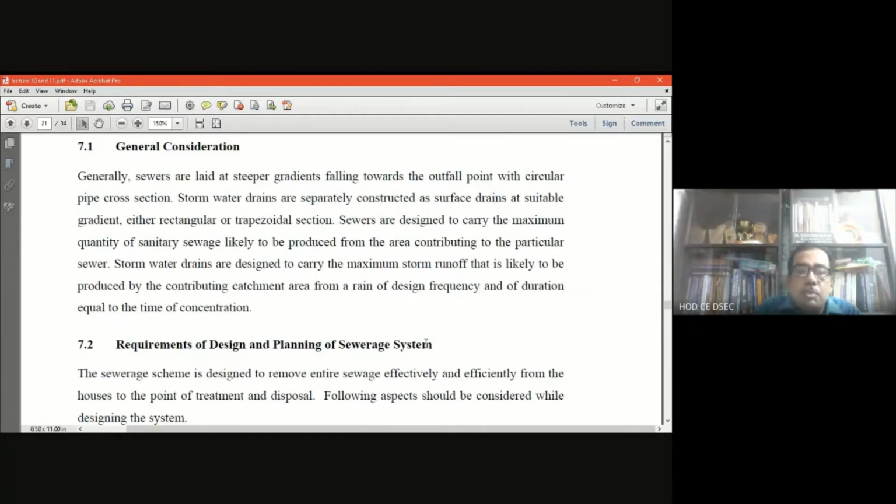Now, the stormwater drains are separately constructed as surface drains. For stormwater drains, the flow we calculate, we have already seen, is basically in a circular pipe section.